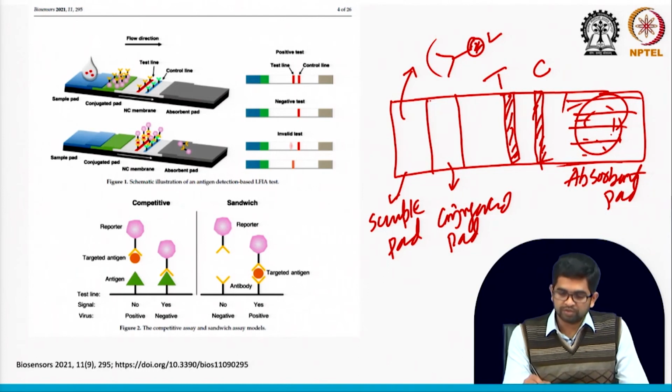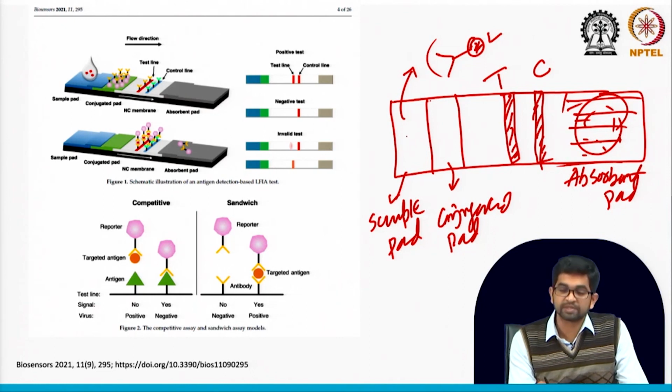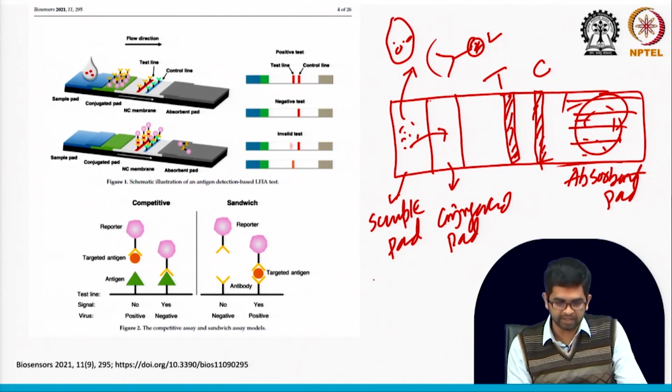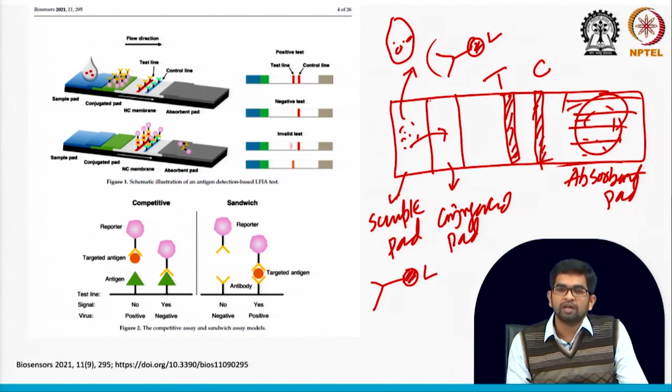The sample pad helps the sample flow. If your sample contains the target, it will flow from here, and the conjugated pad already contains a secondary antibody labeled with a label.